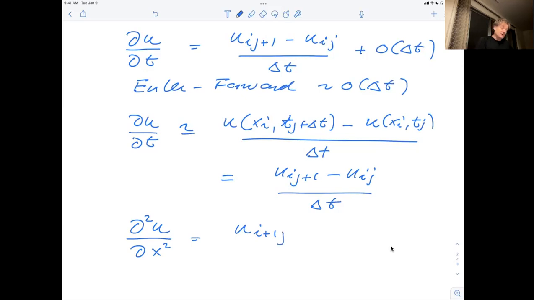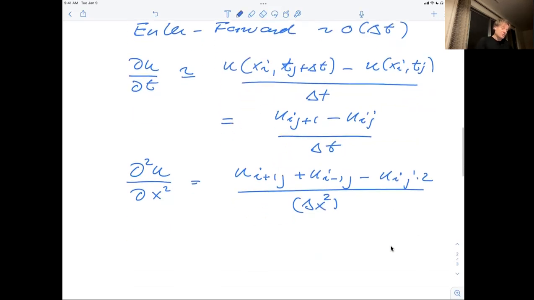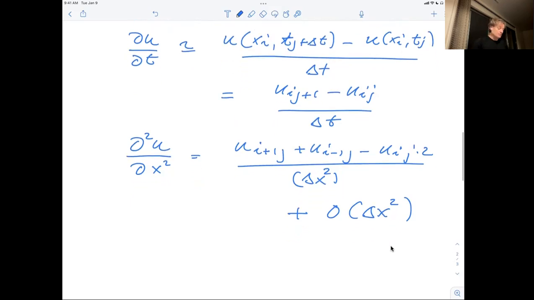At the same time, plus u of i minus 1 of j minus u of ij multiplied with 2, divided by delta x squared. And this goes plus an o of delta x squared. So the error which we carry with us comes with a delta x squared times some constants.